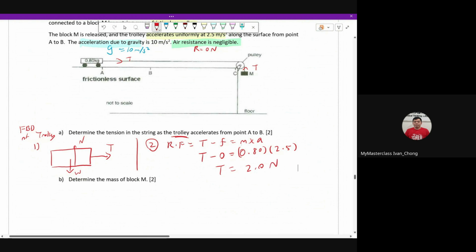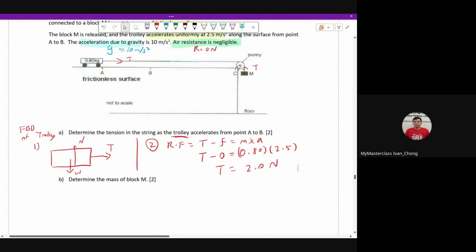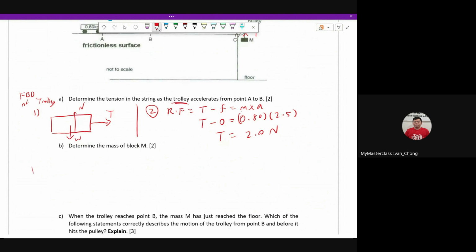Okay, next one, determine the mass of block M. So let's draw a free body diagram of block M. First, you have your block M, you have the weight of block M, and you have a tension. Now I want you to take note of this.